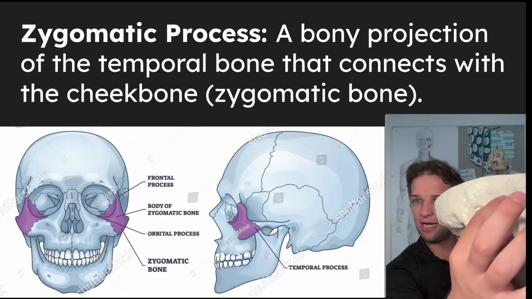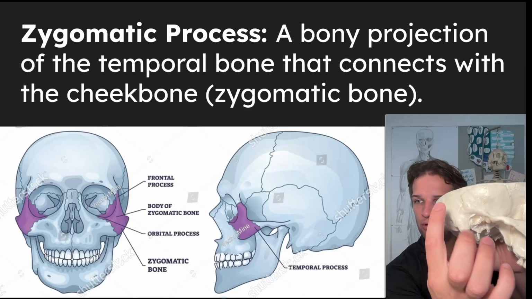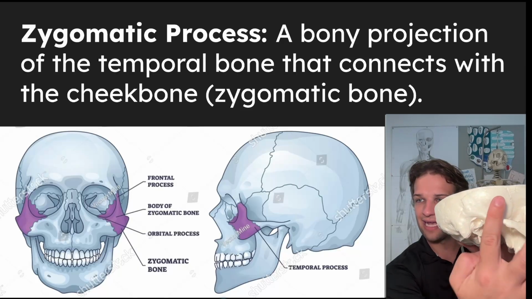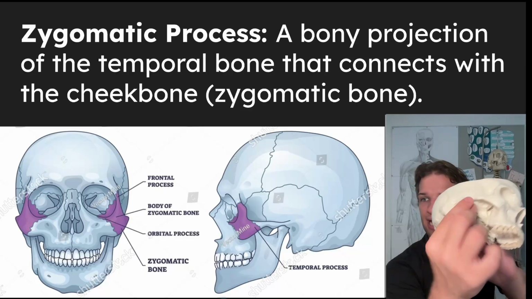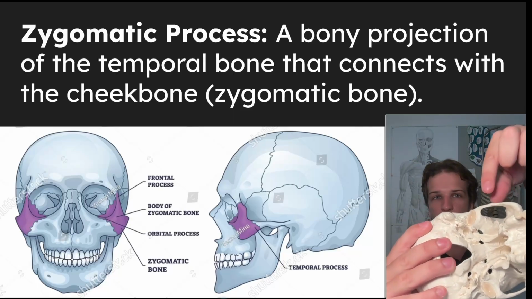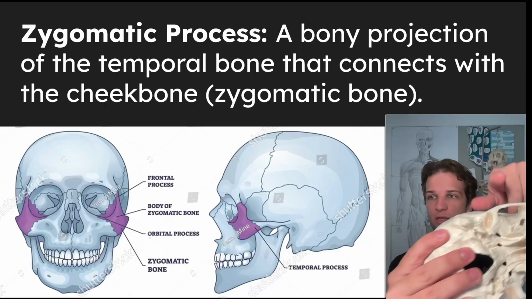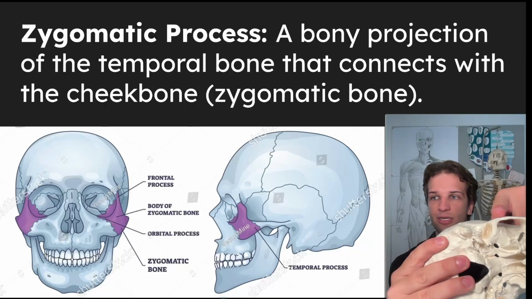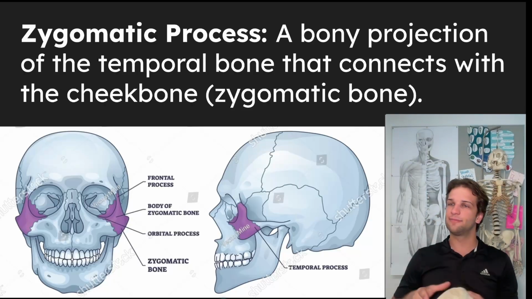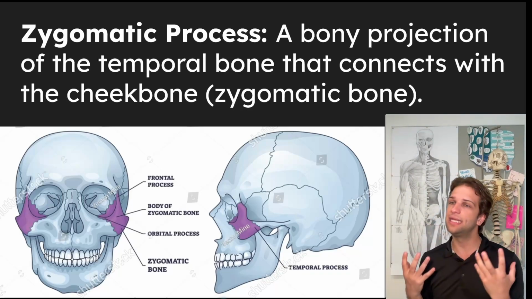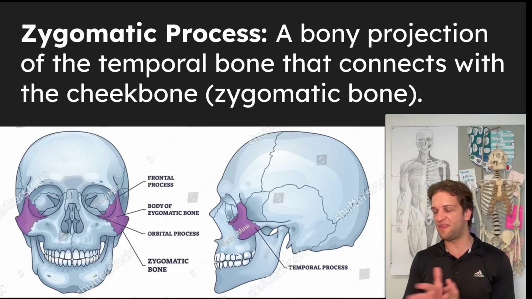It is just a projection from the temporal bone, so from this guy right here, that connects to the cheekbone. And so where this bone, see how it's disconnected? This disconnection is the zygomatic process. Really important for some muscle connection too, but we'll talk about that way later.